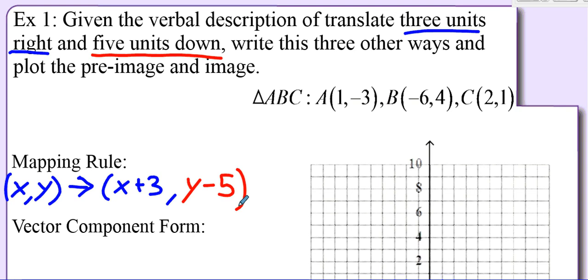The vector component form, it's the same thing, just written differently. It's just written in these arrowhead-like parenthesis things. So keep the 3 and the -5. That's it. You don't need the x and y. It's the difference between those two.